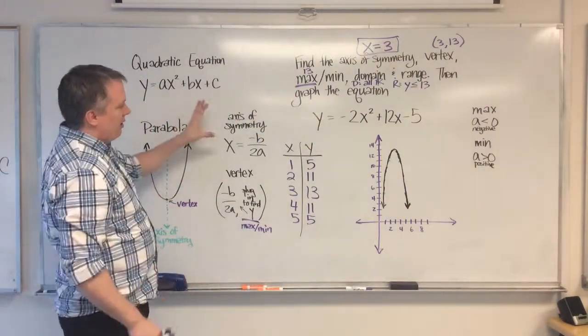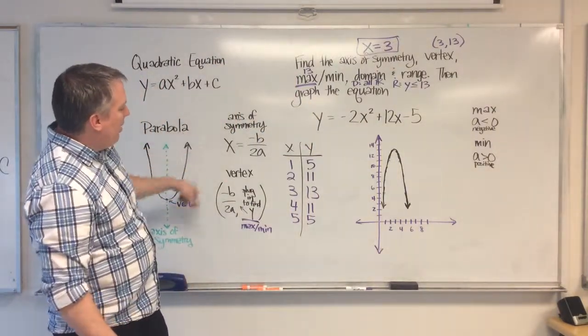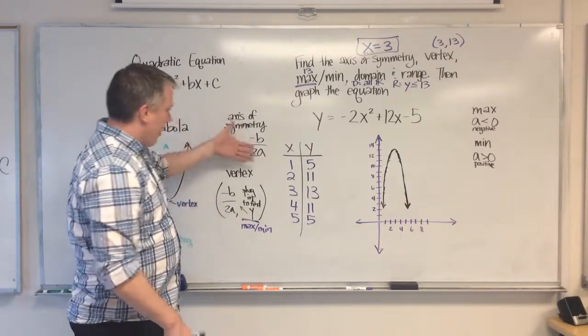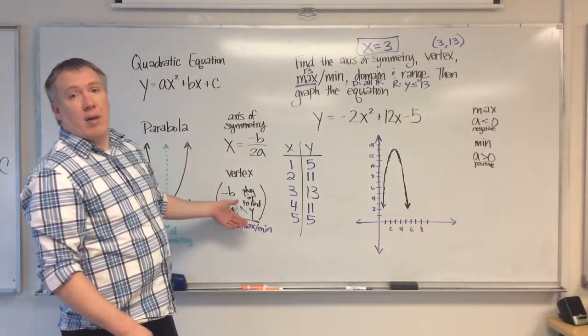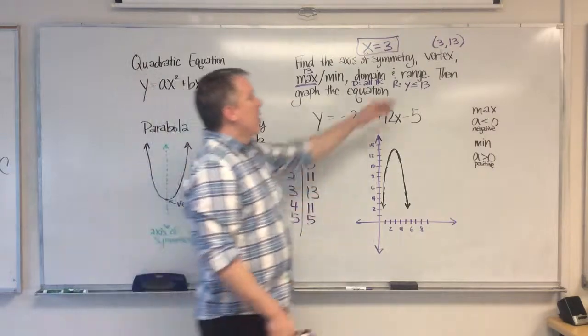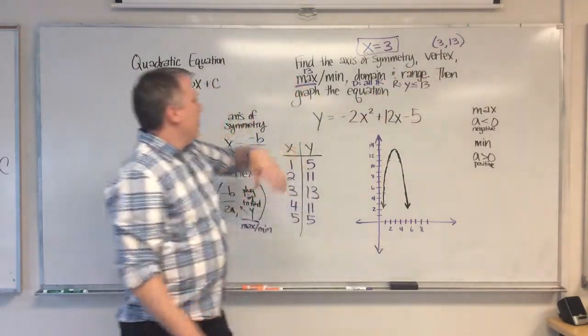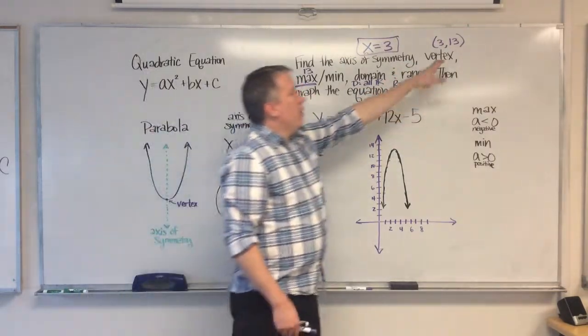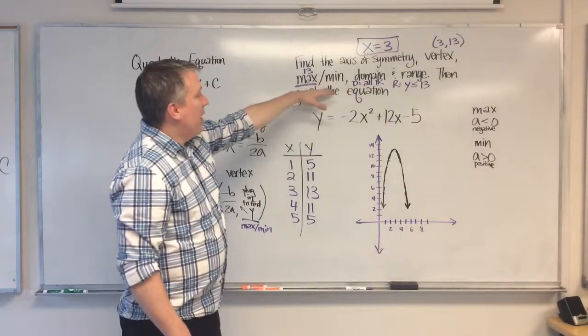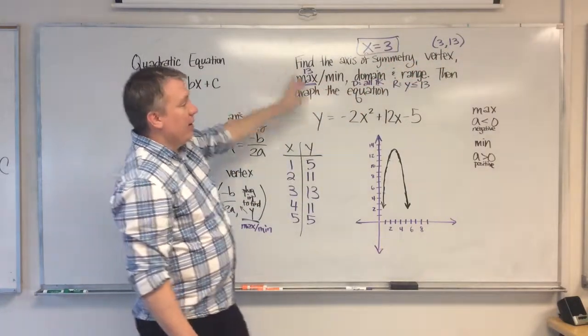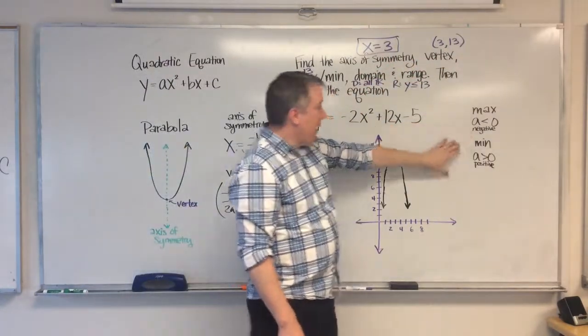That's how you find the axis of symmetry. Here's the formula. You plug in that number that you get for the axis of symmetry to find the y-coordinate of the vertex, and those two together make the vertex coordinate point. The y-coordinate of the vertex is your max or min, and how you tell which one it is is whether a is negative or positive.